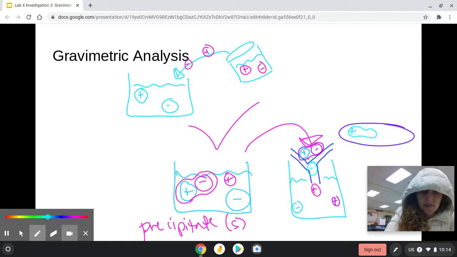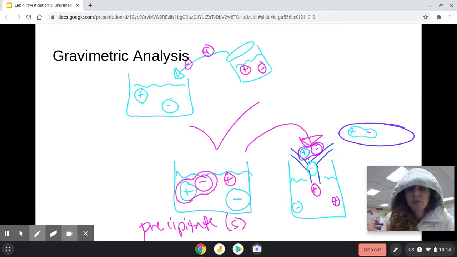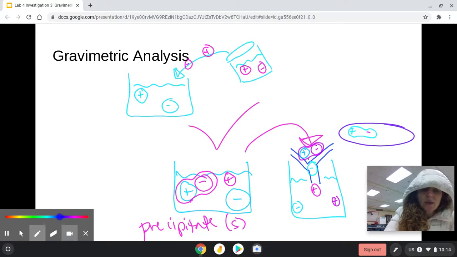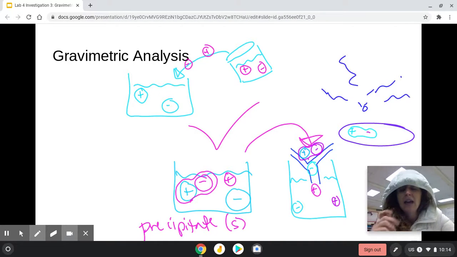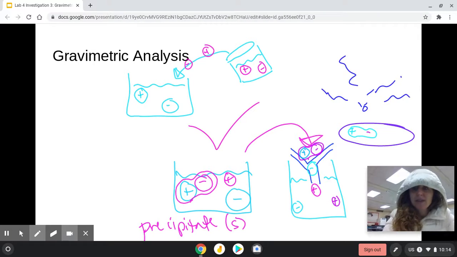Positive side, negative side. Okay, so that's our ionic compound stuck to our filter paper. We can dry it so that all of the extra water evaporates and floats away. And then all we're left with on that filter paper is very, very dry ionic solid. So we can weigh that. We can figure out what the mass of that is.